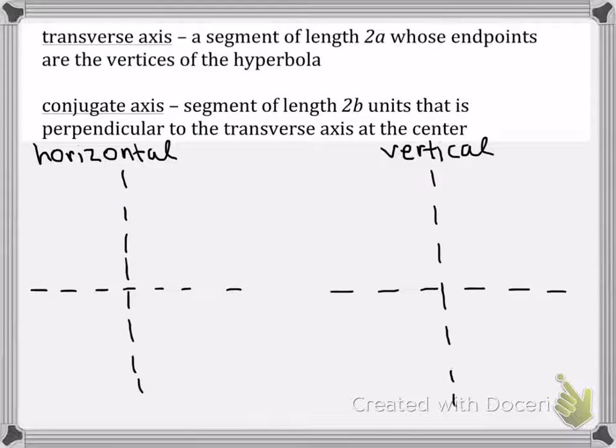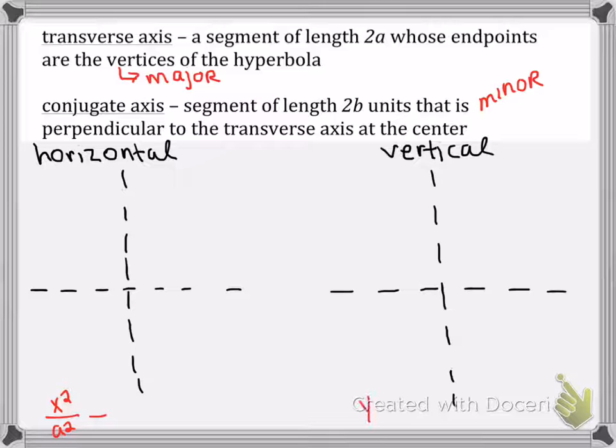All right, first, just like ellipses, hyperbolas have two axes. The first one is the transverse axis. This is basically the same thing as the major axis with respect to ellipses. And the conjugate axis is basically the same thing as our minor axis. Now, we already talked about how hyperbolas are horizontal and vertical. The horizontal one was because x squared came first, over a squared, and then there was some other stuff after it.